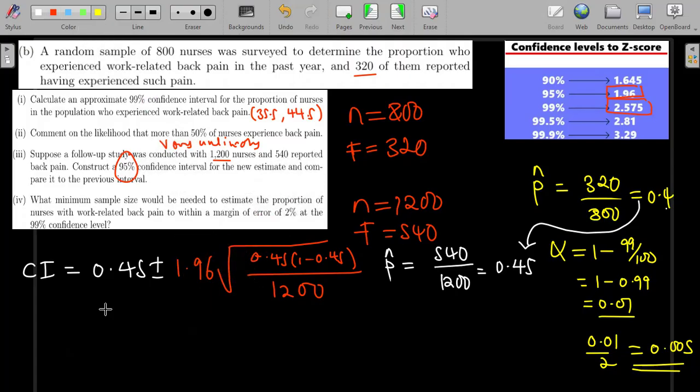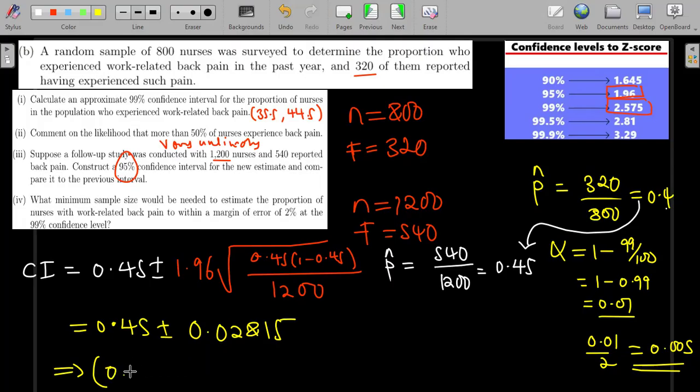From here let's just multiply whatever we can see. 0.45 plus or minus 1.96 multiplied by whatever I have in the root. I'm getting 0.02815. So it means my confidence interval will be 0.45 minus this number, and I write 3 significant figures.